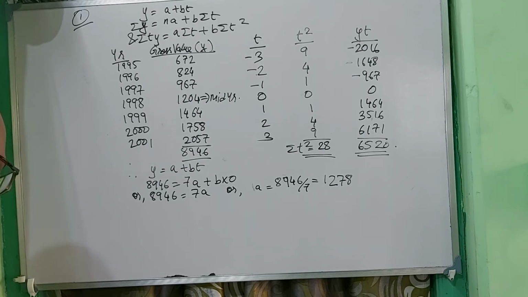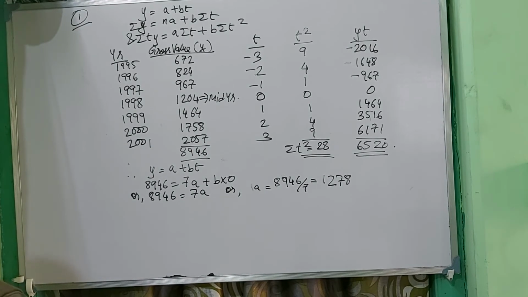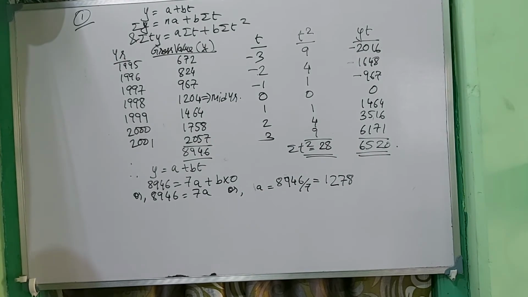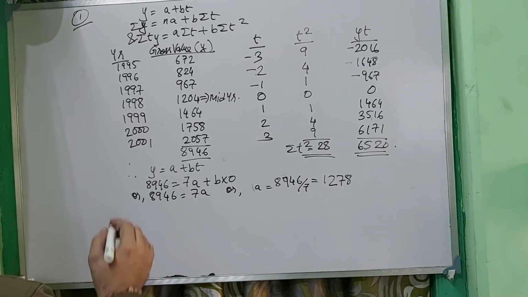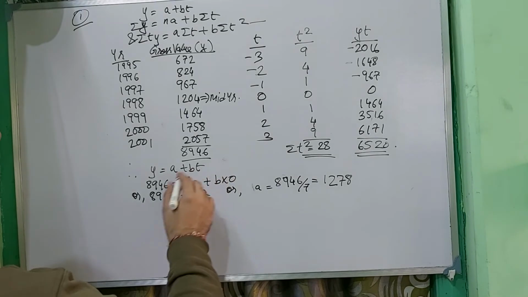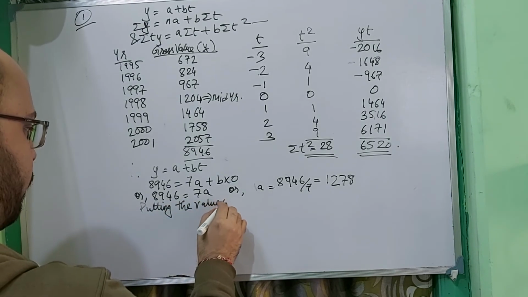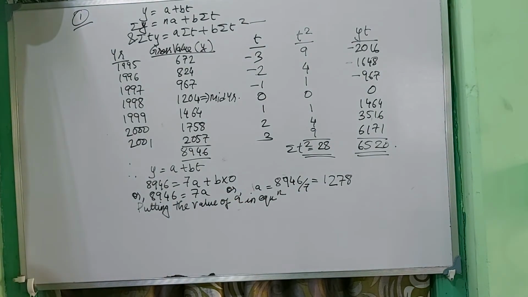Now put the value of a in the next equation, which is Σyt is equal to aΣt plus bΣt square.